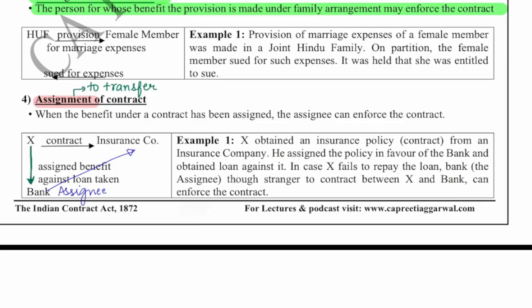The contract is actually between X and the insurance company. If you see the bank, it is actually a stranger. But because the benefit is assigned to it, it is the assignee. Therefore, the assignee can sue. So here, even though the bank is a stranger, it can file a case.